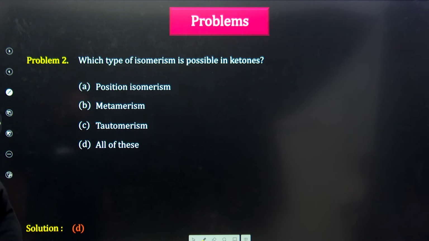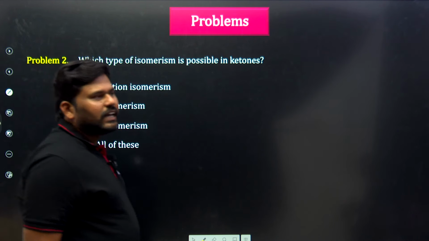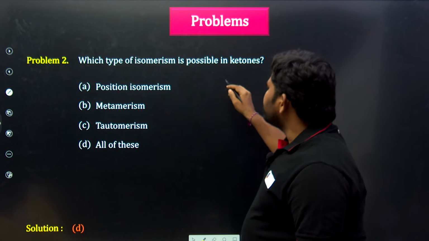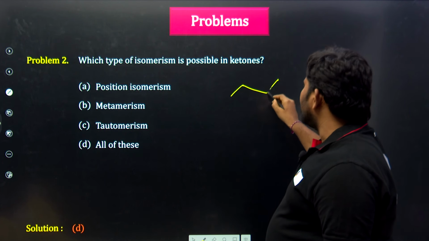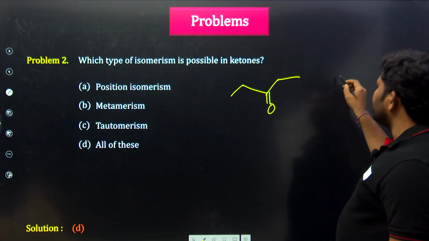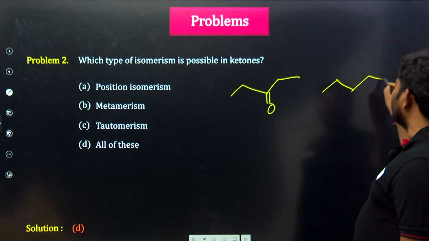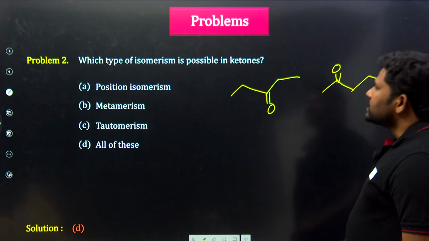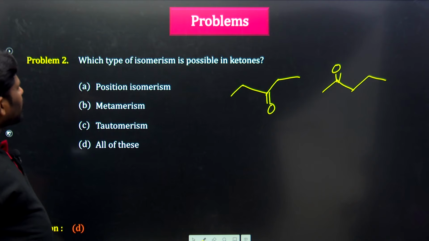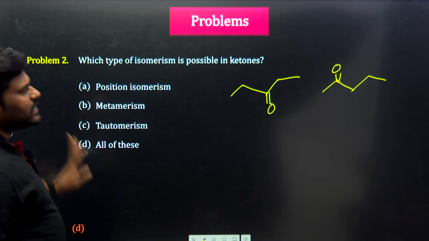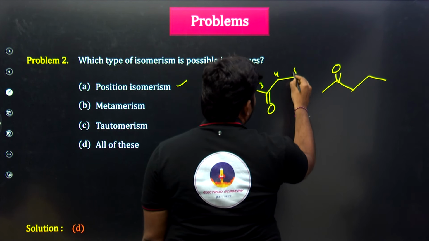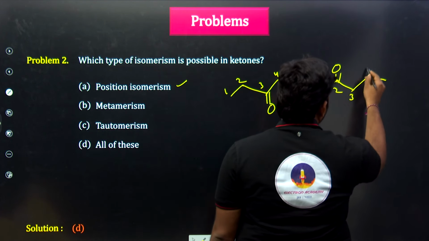Right, next one: which type of isomerism is possible in ketones? For example, I am taking 5 carbons, and at the third position I am giving the ketone, that is called 3-pentanone, and this is 2-pentanone. Position isomerism, the first option given.